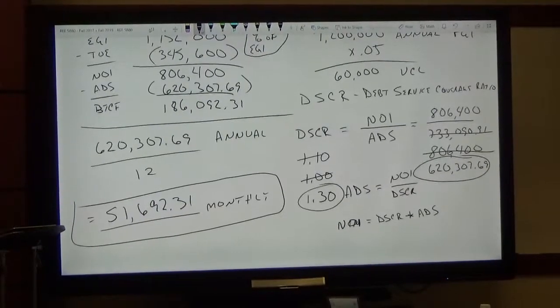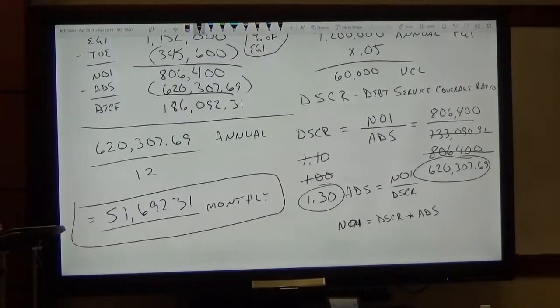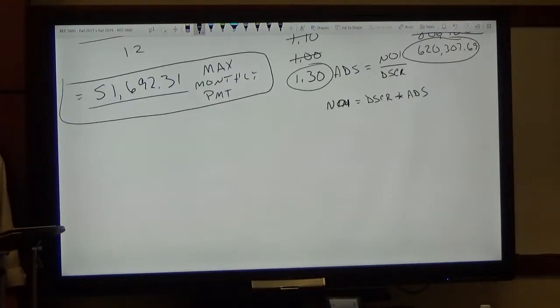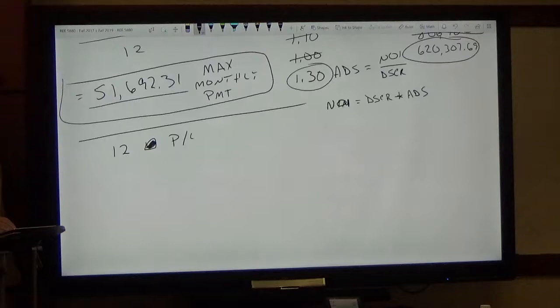All right, so if that is your maximum monthly payment, this is what the lender is telling you when they want to make you this loan. So just hang with me for a second here. 12 payments per year. Clear everything out.